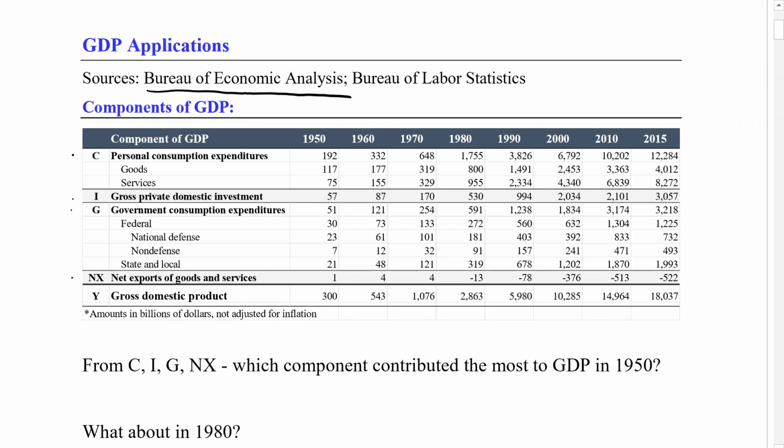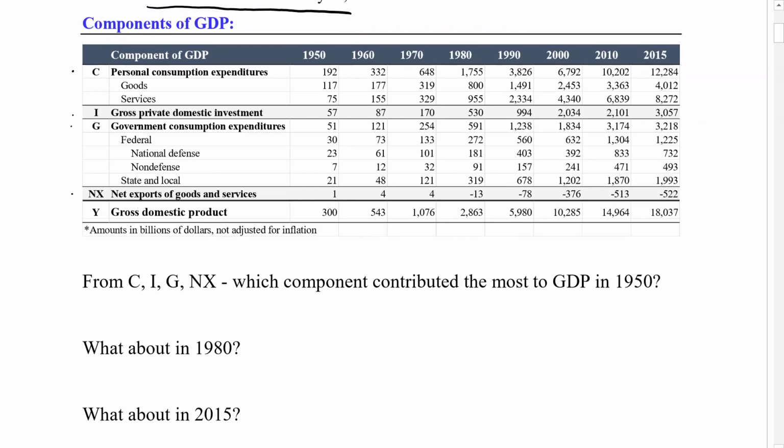So first, which component contributed most to GDP in 1950? That would have been consumption. We can see that here, 192 billion compared to 57, 51, and 1 billion. What about in 1980? Again, you can check that out. It's also consumption, and so it was in 2015.